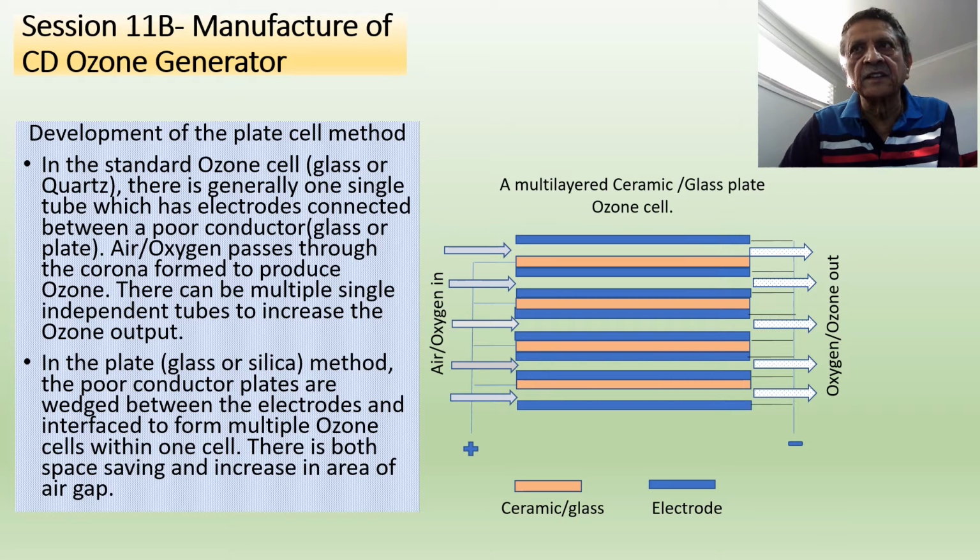The corona discharge takes place between the two electrodes and in the glass or silica tube.